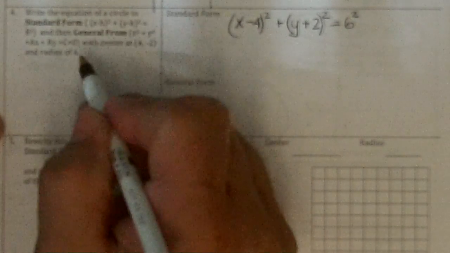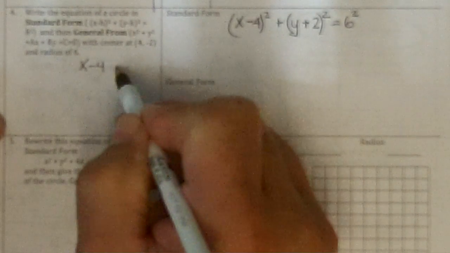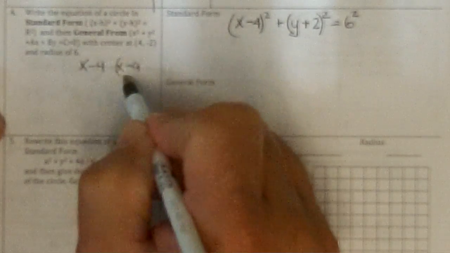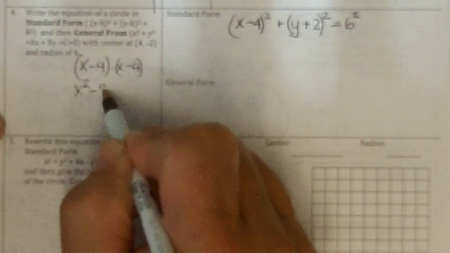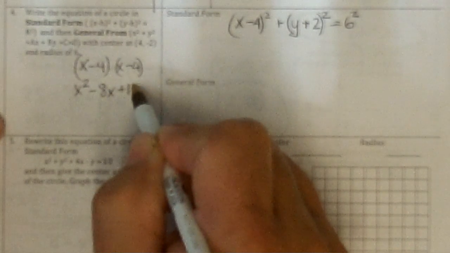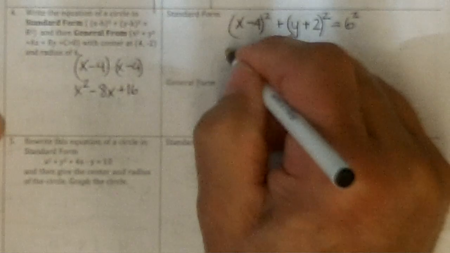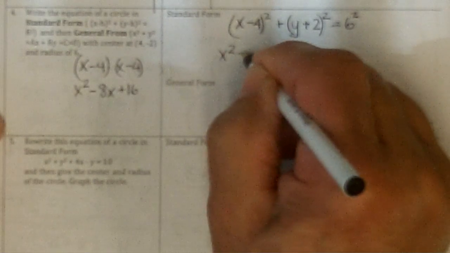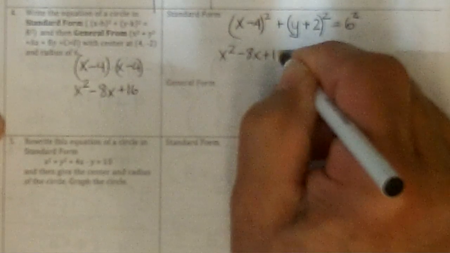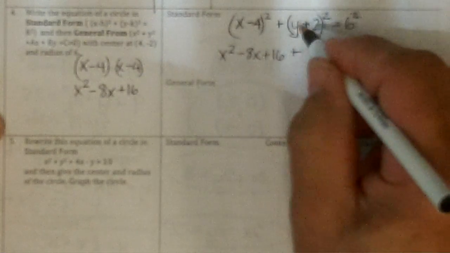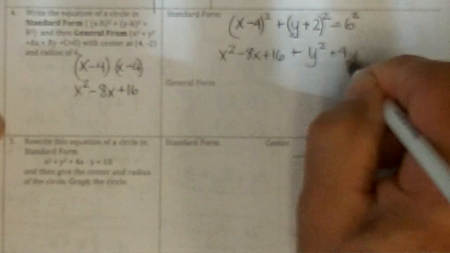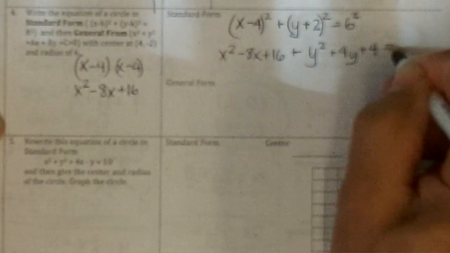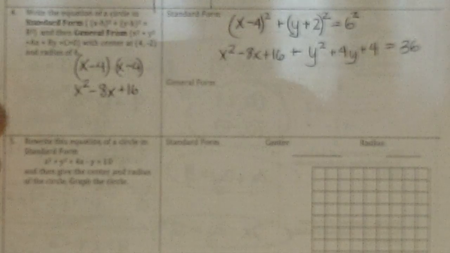Now to get the general form, we multiply this out. Now x minus 4 times x minus 4 is x squared minus 8x plus 16. And then this multiplied out would be y squared plus 4y plus 4 equals the 36. Don't forget it.